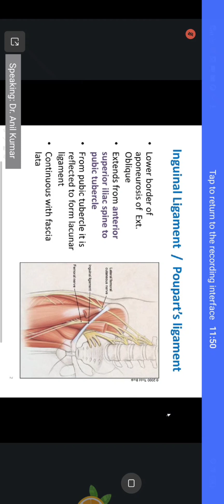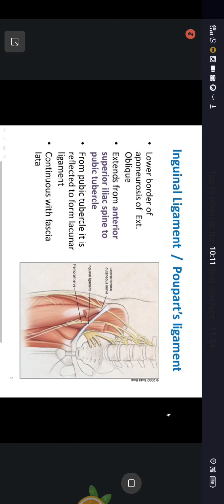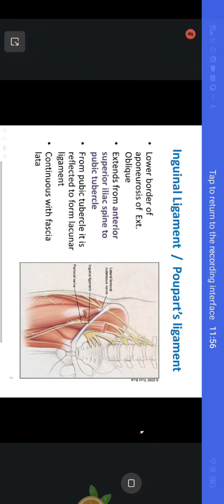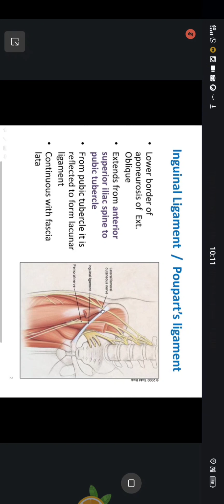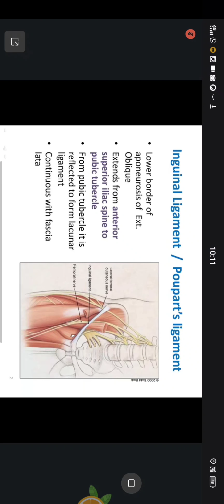So here in this diagram you can clearly see this inguinal ligament. Here you can clearly see it is extending between the anterior superior iliac spine here and the pubic tubercle. How is this inguinal ligament formed?